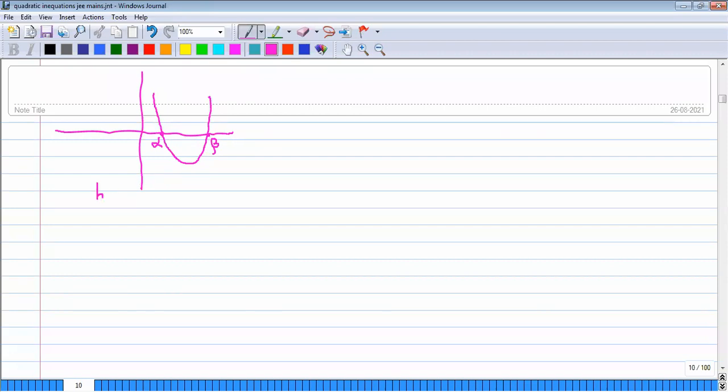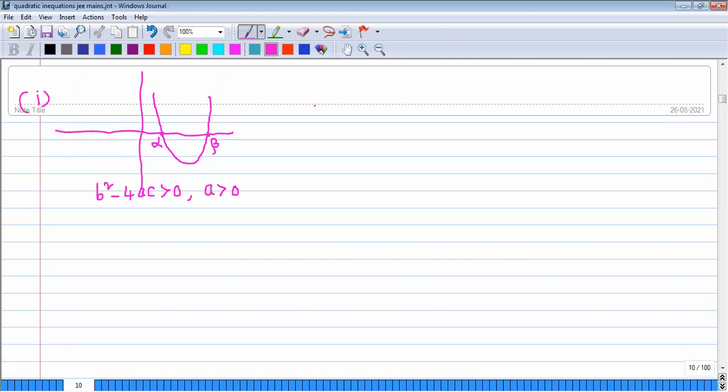So b square minus 4ac will be greater than 0. Moreover, it is an upwards open parabola, so obviously a greater than 0. This is one case you remember.